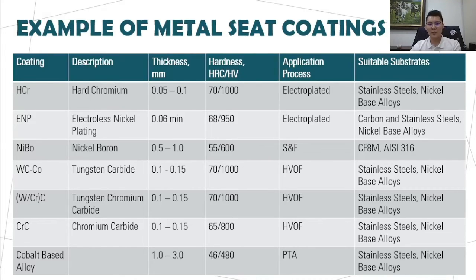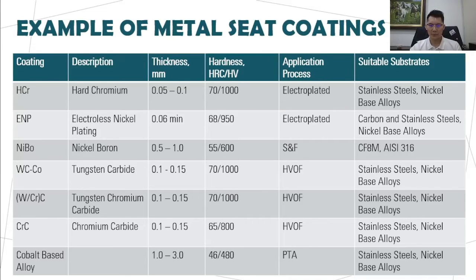Tungsten chromium carbide is suitable for seawater, organic acids, water, sour service, or sour and wet hydrocarbons, H2S. Basically it's for H2S services. So compared to tungsten carbide, if you're using it for sour service, we have to opt for tungsten chromium carbide.